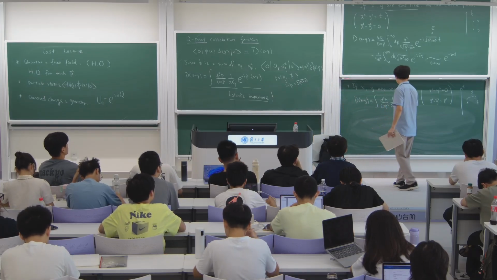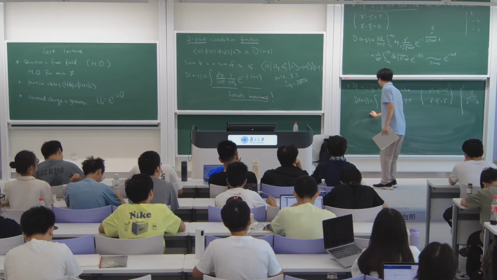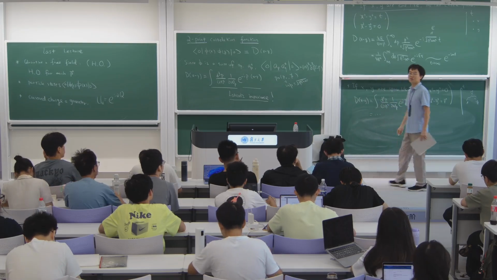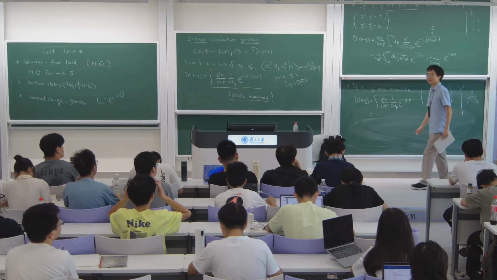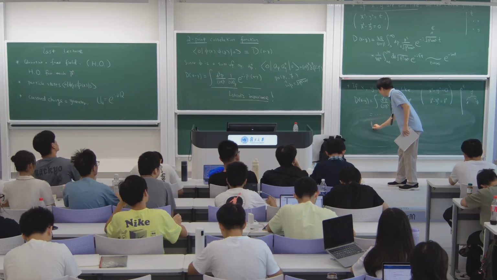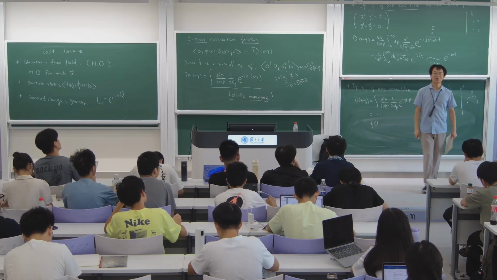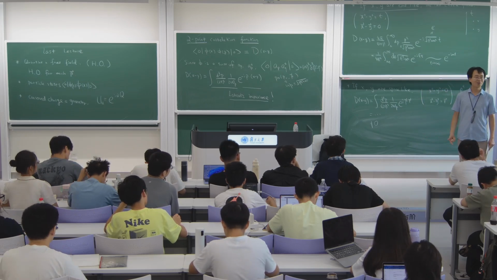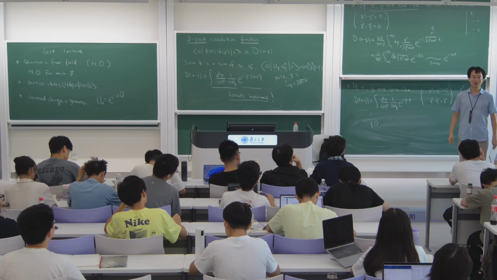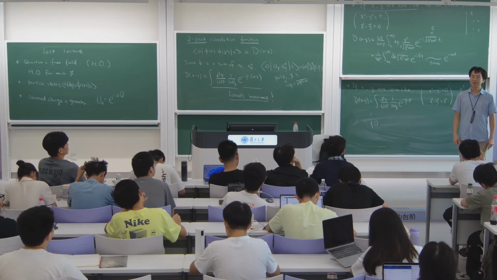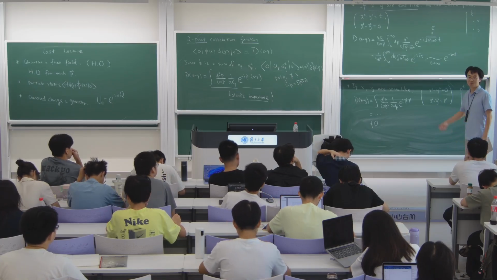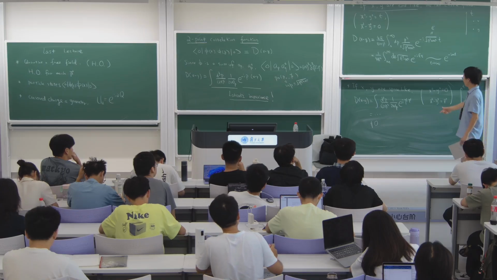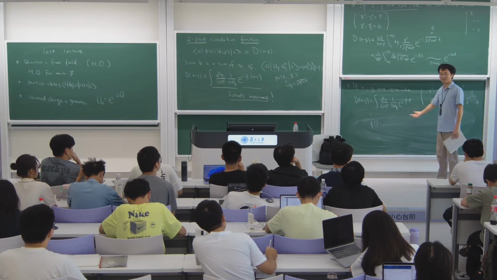Again, this is a non-trivial integral, and after calculating it for a few steps, you realize one message that justifies what we claimed last time: this is not 0. The overlap is not 0. So in both cases it is not 0, but this case is a little more interesting.